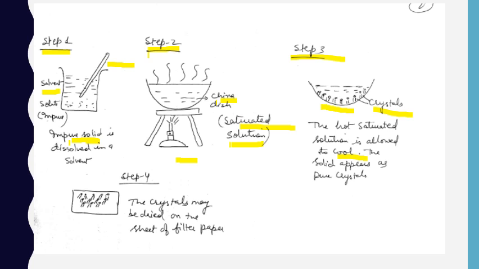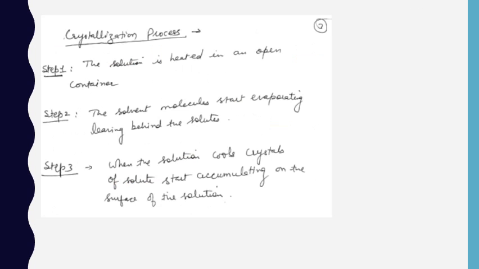When complete crystallization takes place in step 3, the last step is to place the crystals on a filter paper sheet for drying. So we take the various crystals, and these crystals are pure crystals. So one type of crystallization process we have understood.